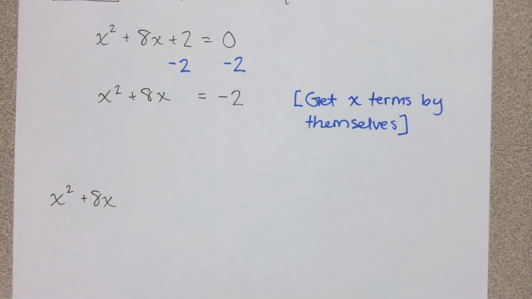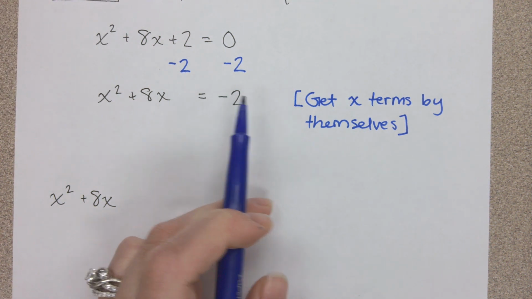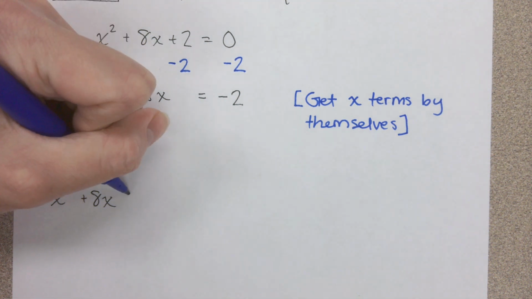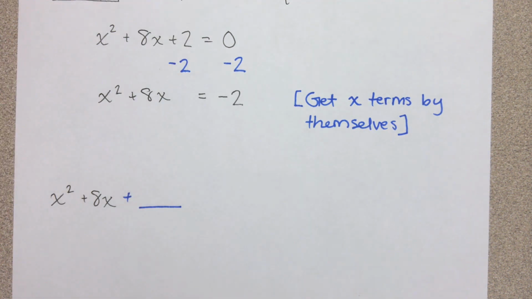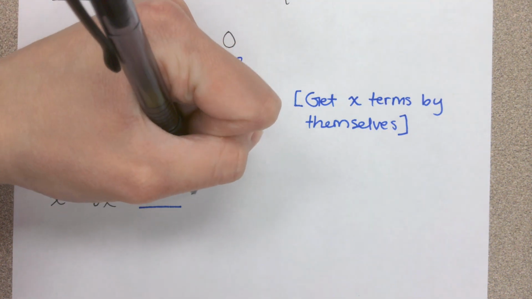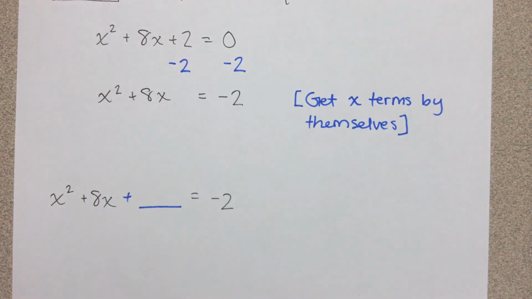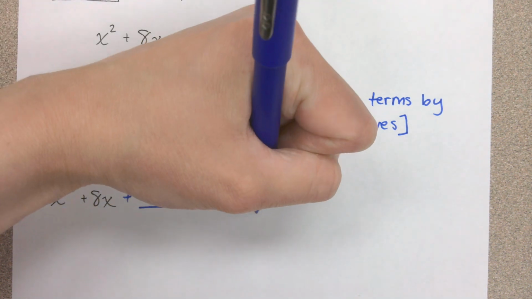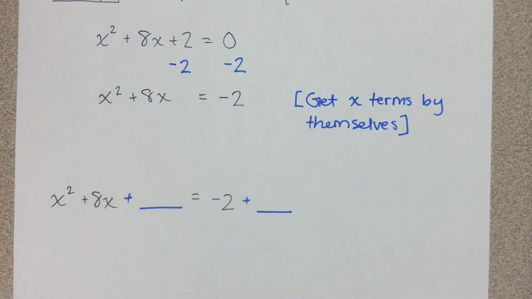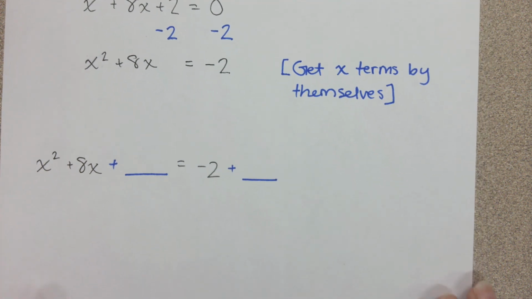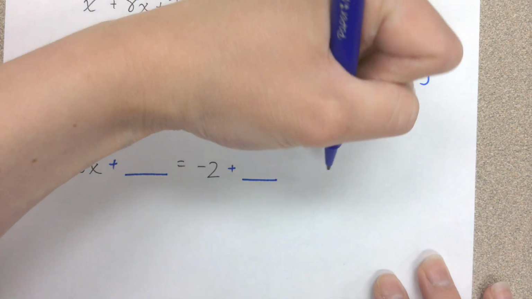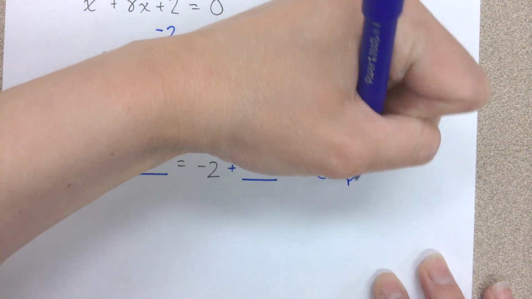So if you remember from completing the square, we would add a term to both sides of the equation. So we would do plus a blank on both sides. So this step here is the completing the square.